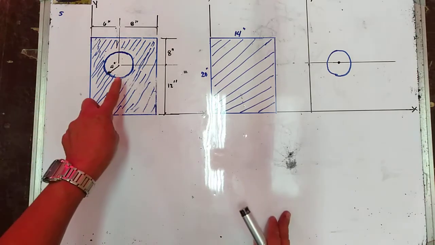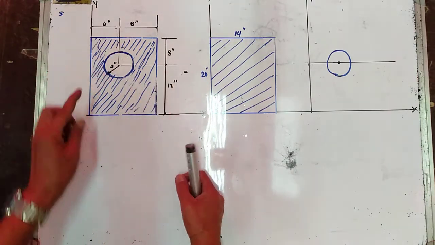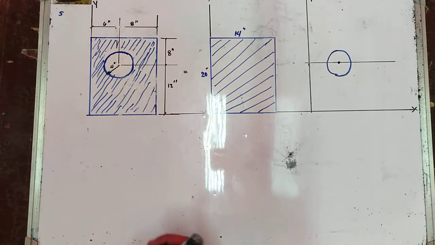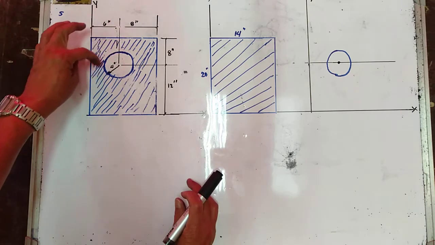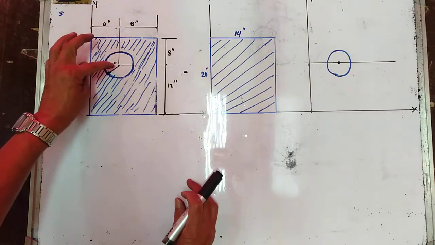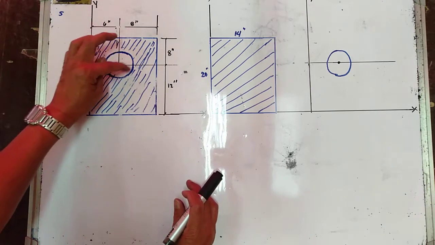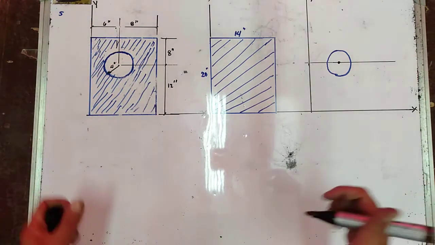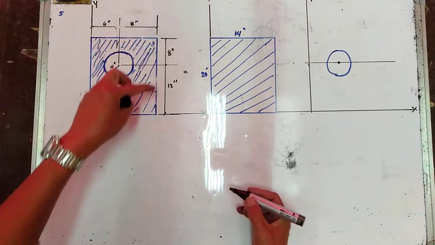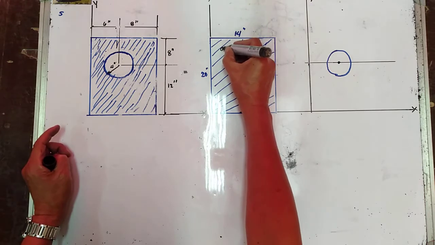Let us try to locate the centroid of this given plate area shown. Now, there is a hole at this portion. The radius of this hole is equal to 4 inches. So I am going to get the whole rectangular area as area 1.